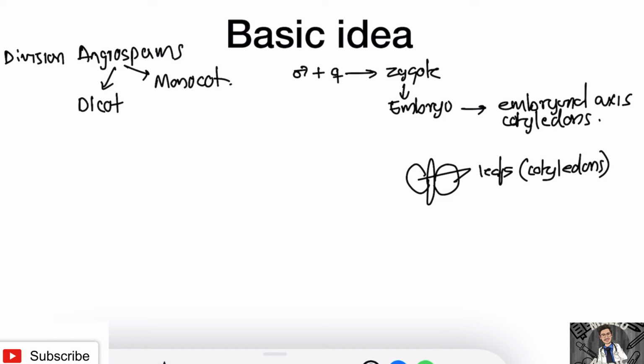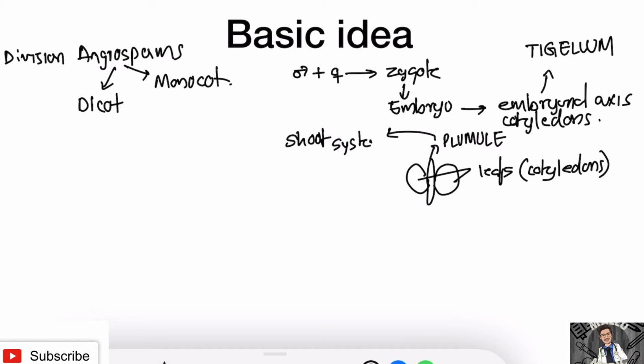And now the embryonal axis is also known by the term tigellum. You have to learn these new terms. And then the upper part of the embryonal axis is called plumule. And it is from this plumule that the shoot system arises in plants.